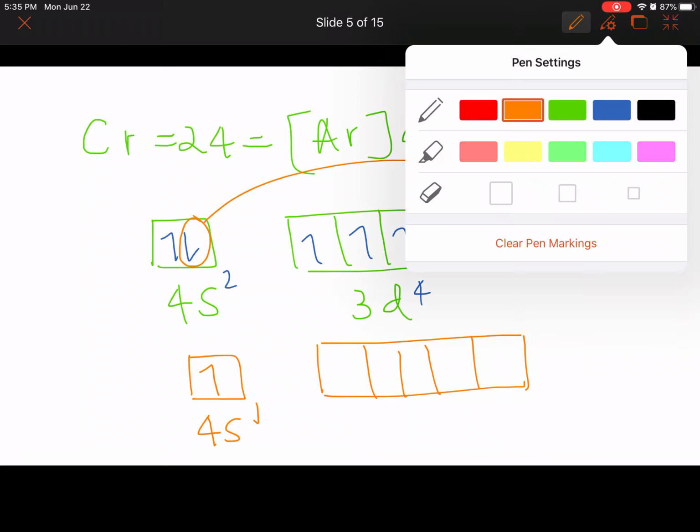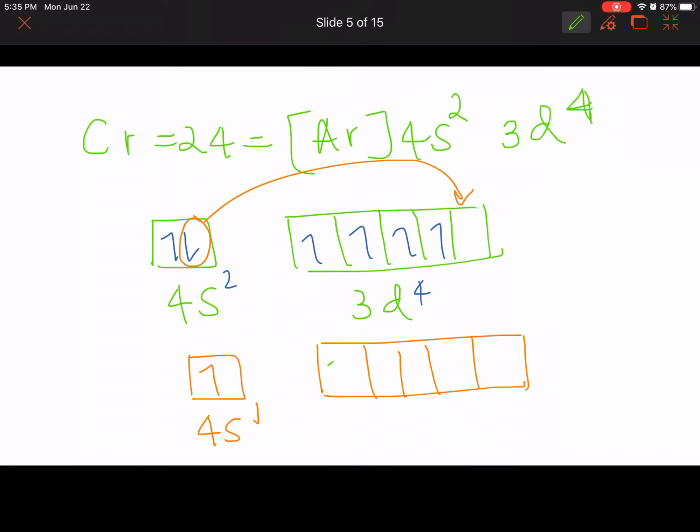So then we have electrons 1, 2, 3, 4, 5 in 3d5. So the chromium, instead of 4s2, 3d4, would be 4s1, 3d5. The d electrons have added stability when they are half filled or completely filled. Those are the two exceptions that you would want to know.